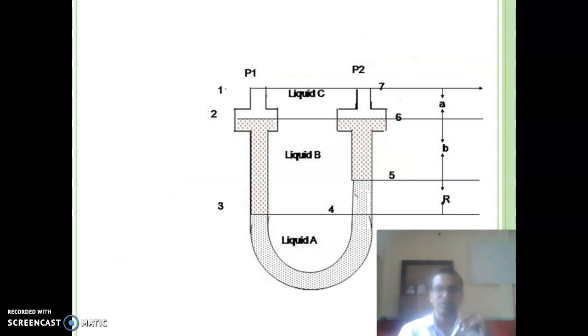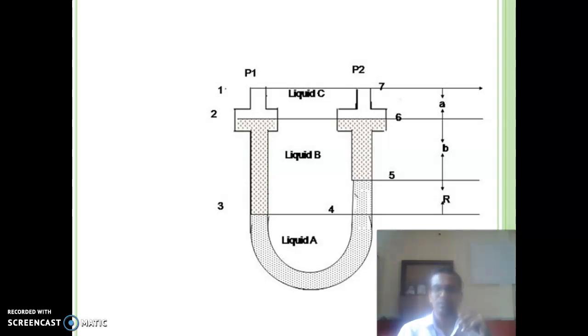So this is a diagram by which we can get an idea about the differential manometer. Liquid A is there, liquid B is there, and liquid C is there. So there are three liquids, and you can see here height A, height B, and height R. These are the different heights, and the differences in pressure.